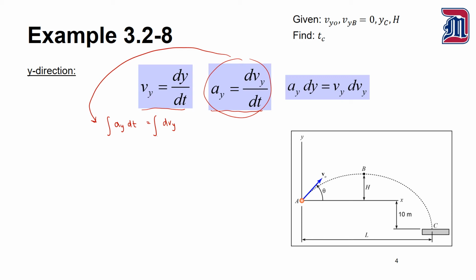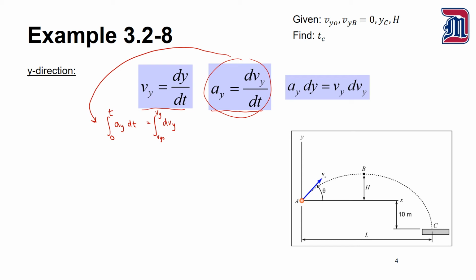I know what my initial velocity is. I don't know what my velocity is elsewhere, so I'll just have a variable for the upper limit. For the time, I know that it'll start at time sub 0, and I'm going to leave a variable time as the upper limit. When we're done with this, we'll get an expression for velocity, which we can then plug into this first equation.